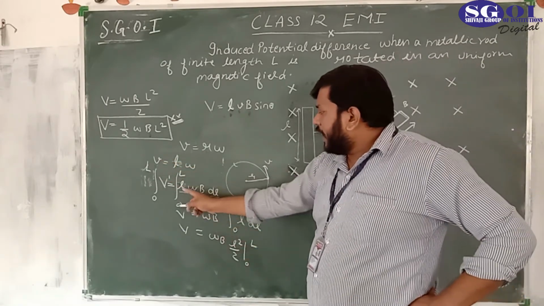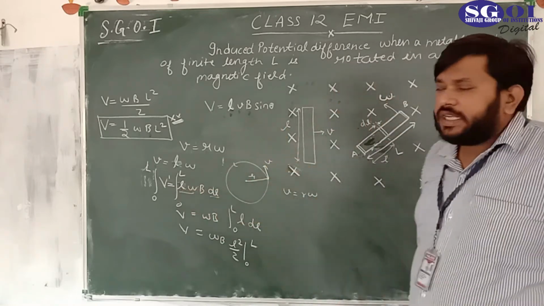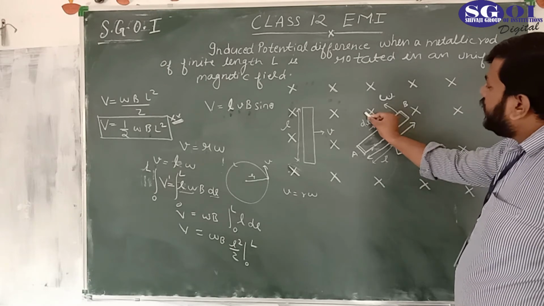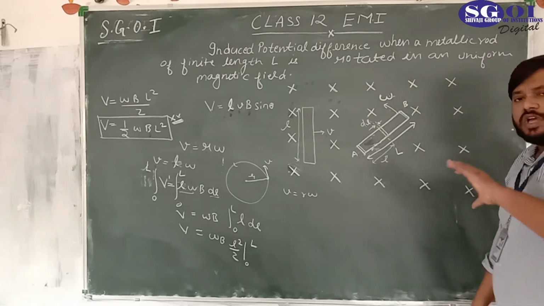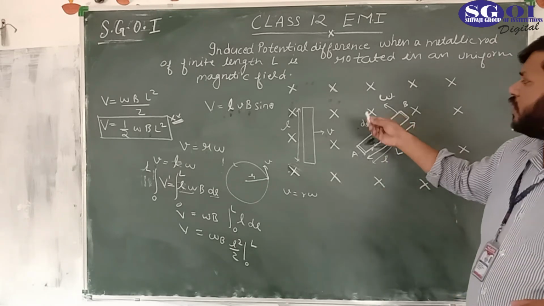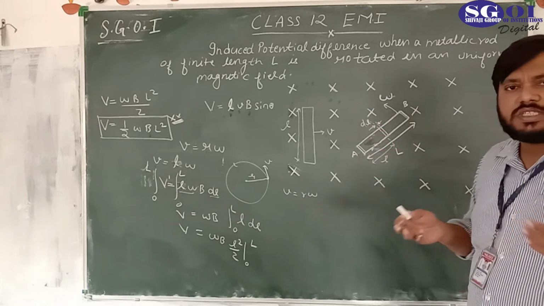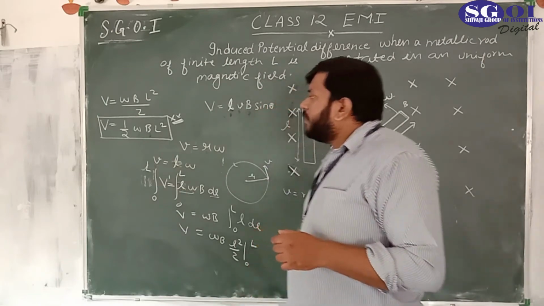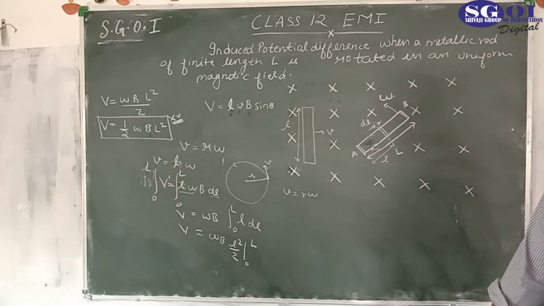So it is l omega B, and then theta is 90 degrees because the linear velocity is in this direction and the magnetic field is this. In this particular case the linear velocity and the magnetic field are always at 90 degrees. So we take theta as 90. So finally we have the formula 1 by 2 omega B l square.